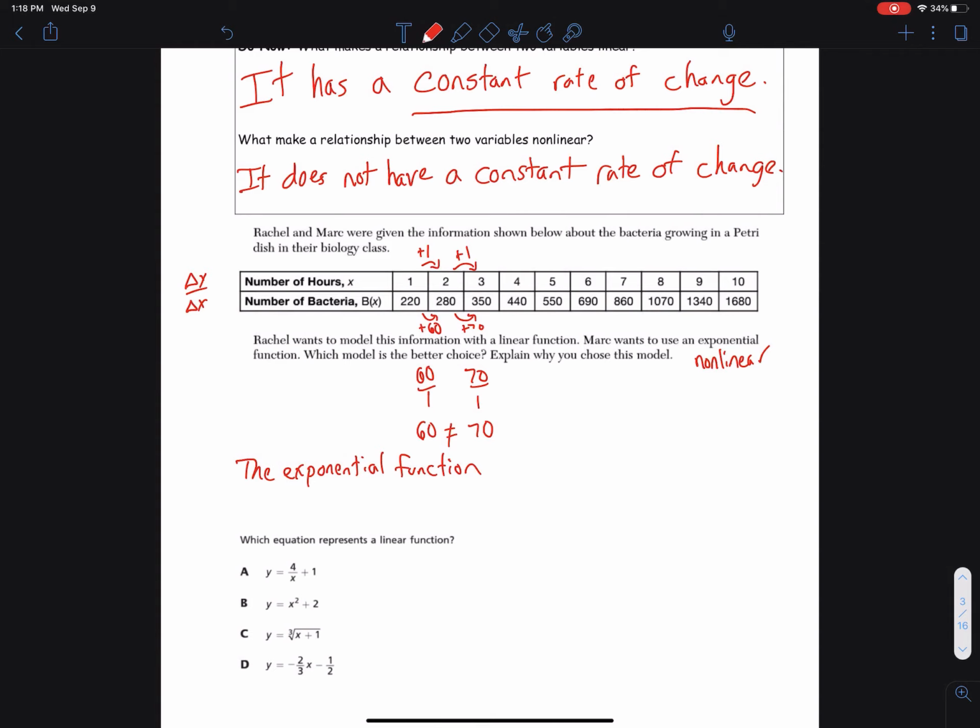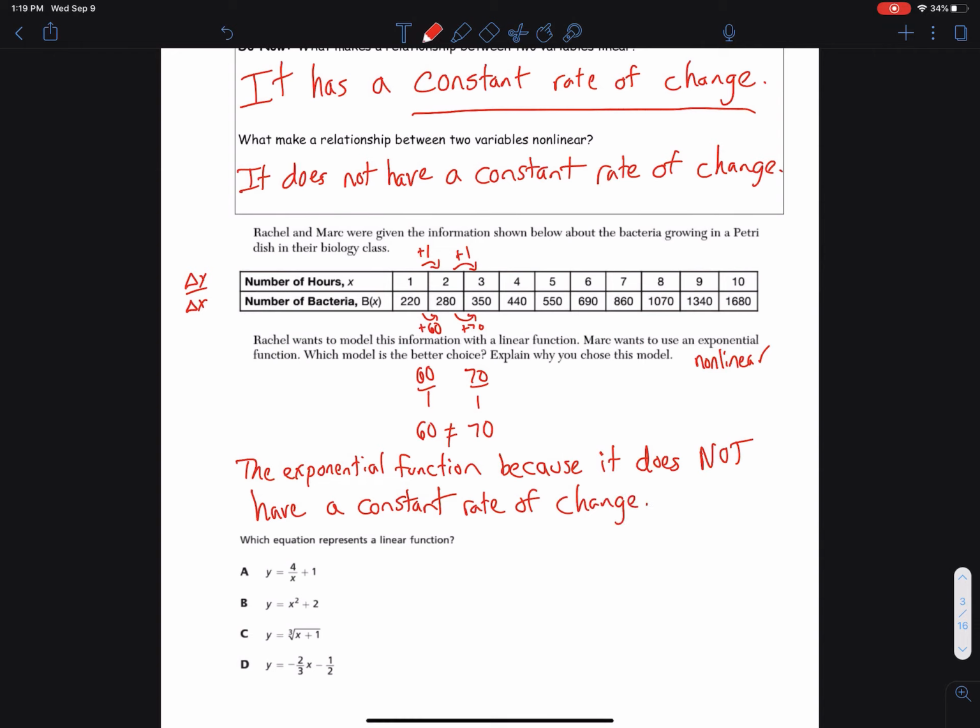Whenever it says explain why, if it's linear, just say it has a constant rate of change. In this case it's not linear, so it's the exponential function because it does not have a constant rate of change.